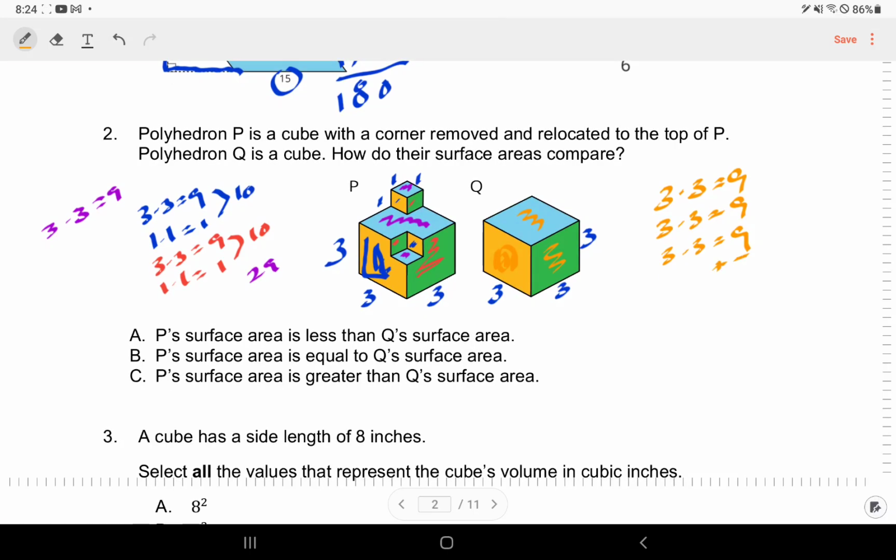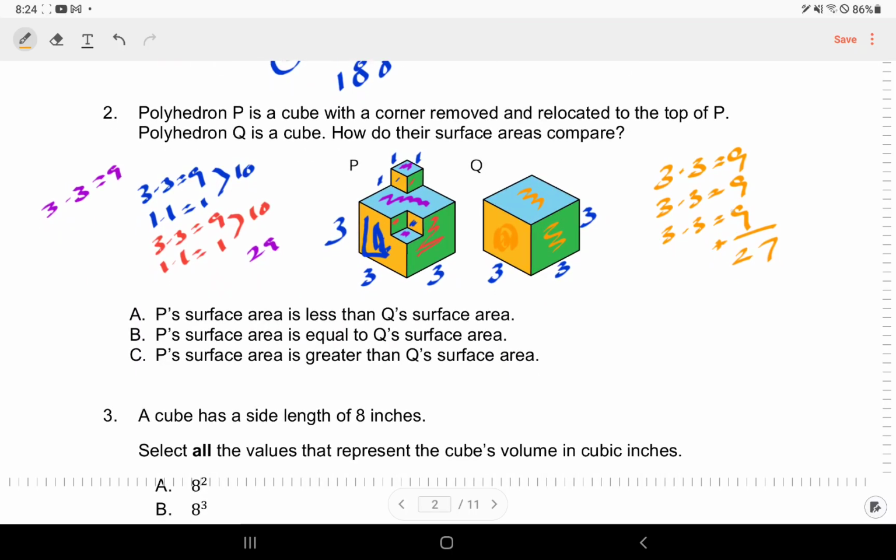Well, when I add that together, I get 27. And so P has a greater surface area just from those 3 sides. And so now, when I double it, the entire surface area of Q is going to be 54.